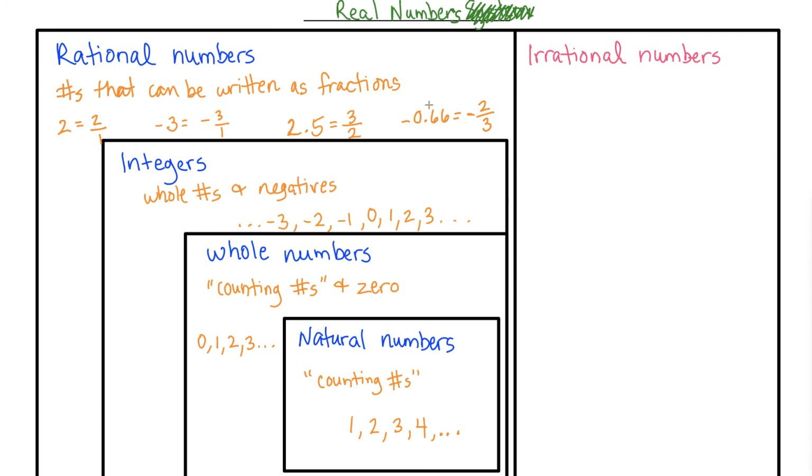So any numbers that can be written as fractions, I'm going to say, and repeating decimals, because decimals can be repeating decimals. I should probably put this higher. And you know what?